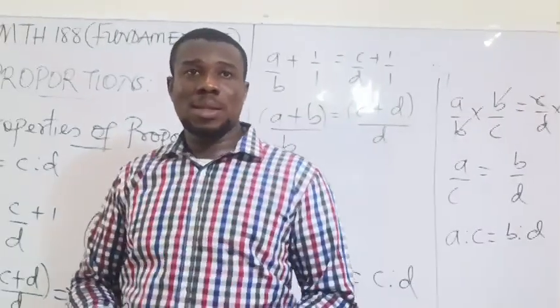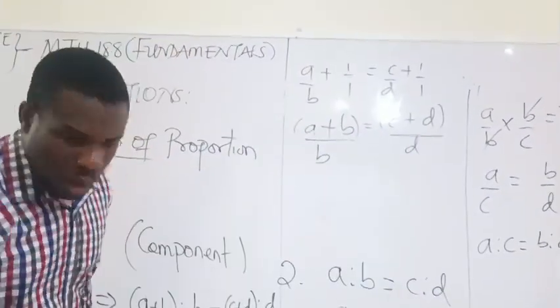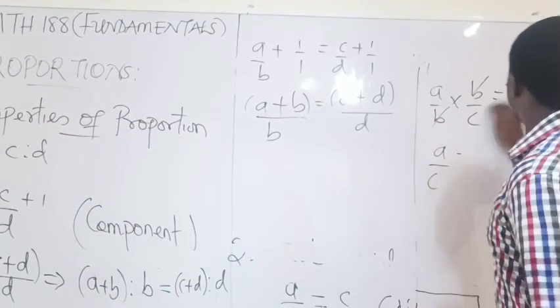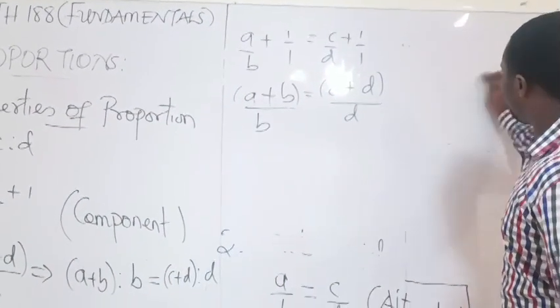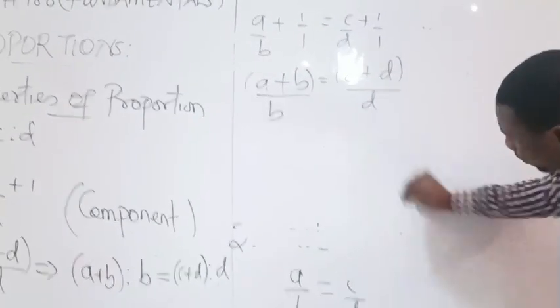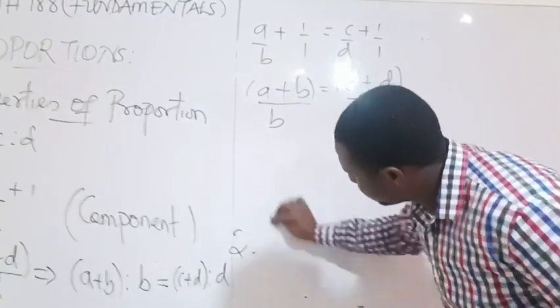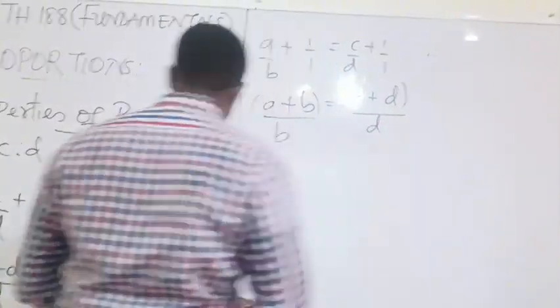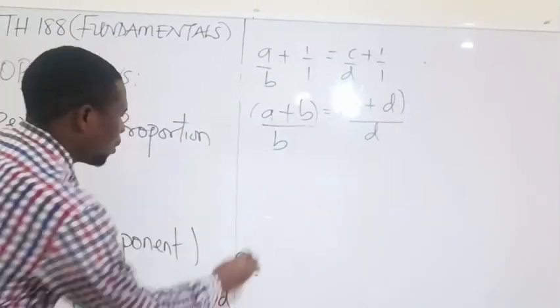Now, the fourth property I'll talk about is called the dividend of a pair of ratios.